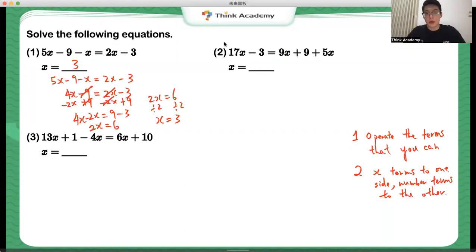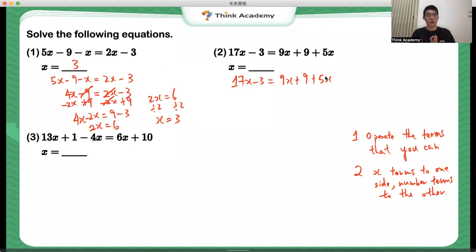So in the second question here, 17x take away 3 is equal to 9x adding 9 adding 5x. So again, we have 3 of these x terms. Yeah, that's okay, Yanchen. So after we write it down, we can see that on the right-hand side, this time it has 2 x terms.